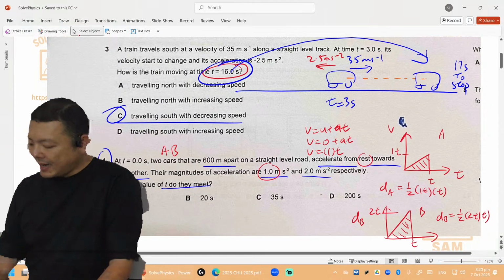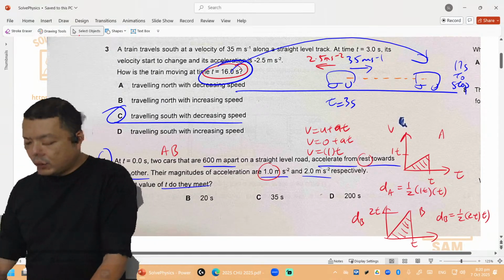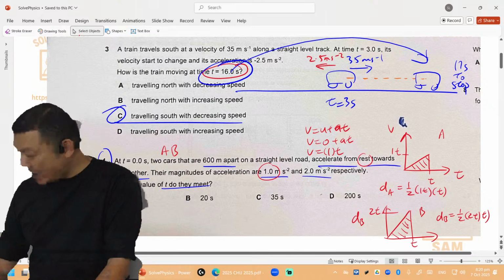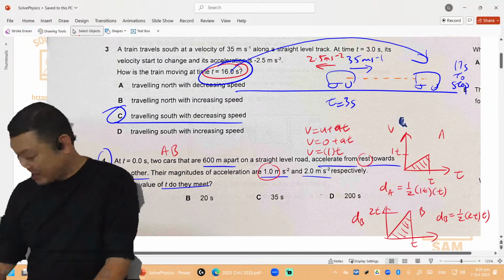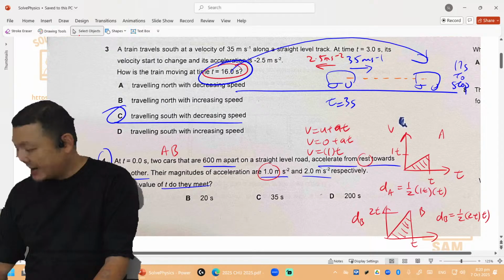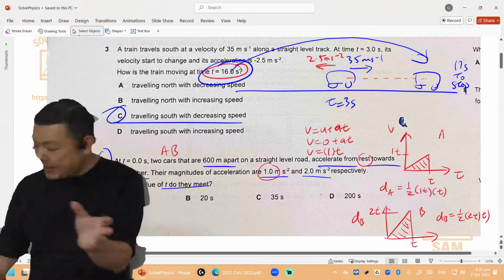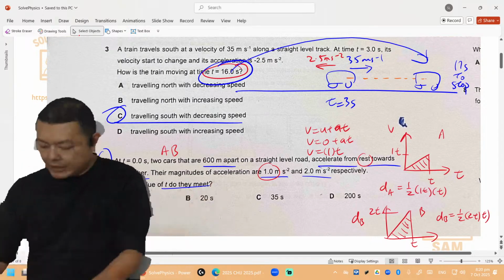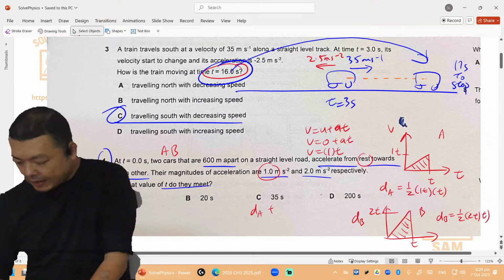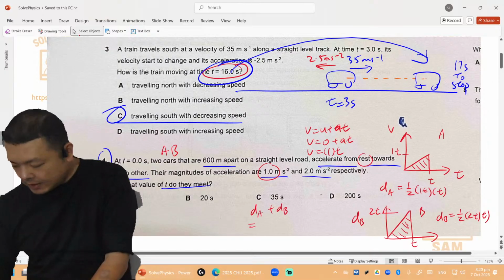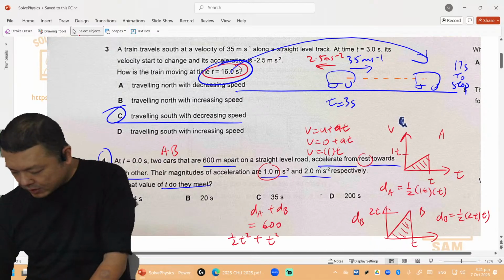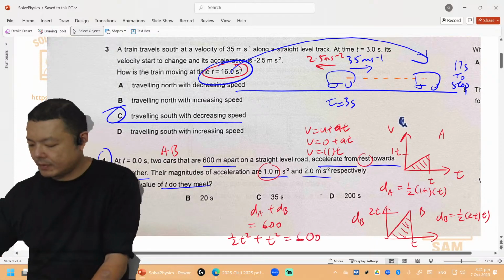And when both distances add up, they meet at 600. They meet at a point within the 600, so their total distance dA plus dB equals 600. So half t squared plus t squared equals 600.